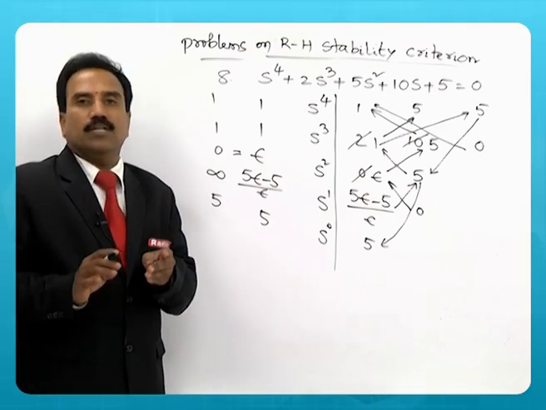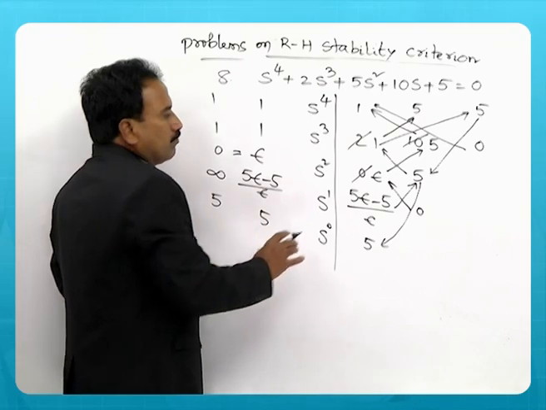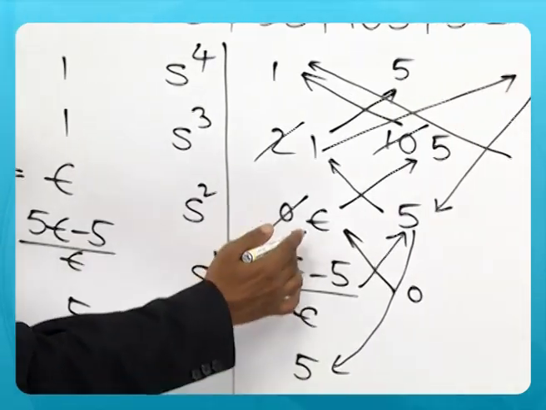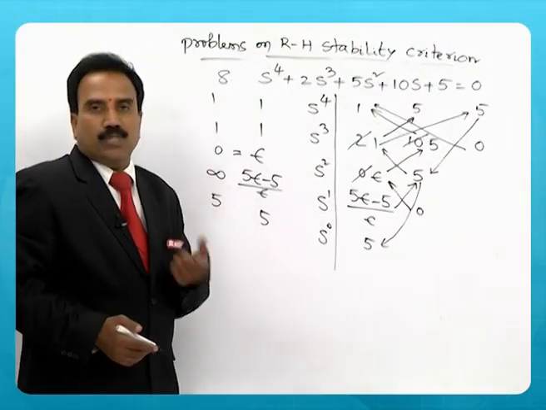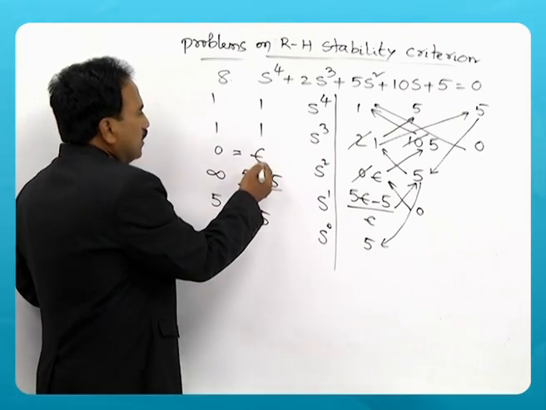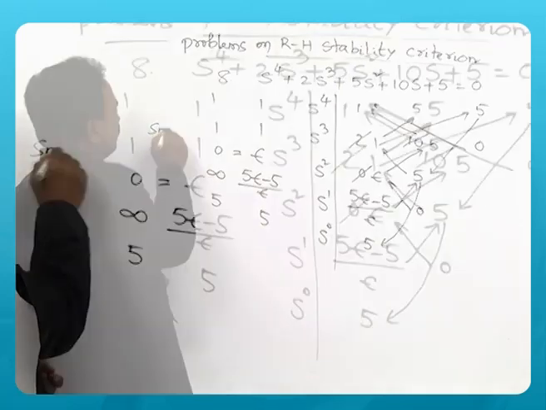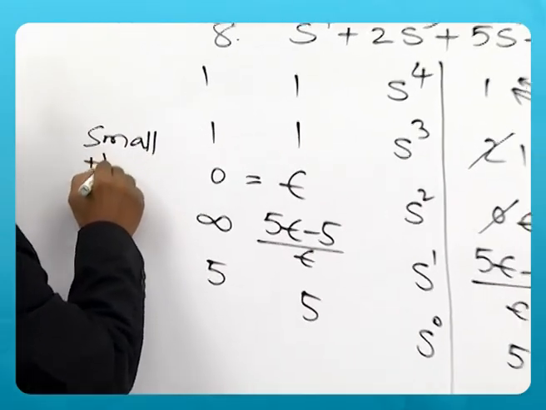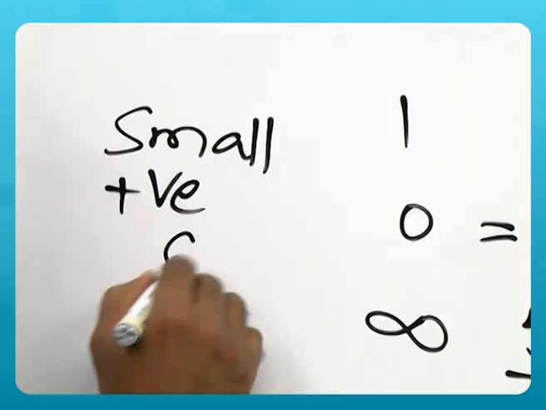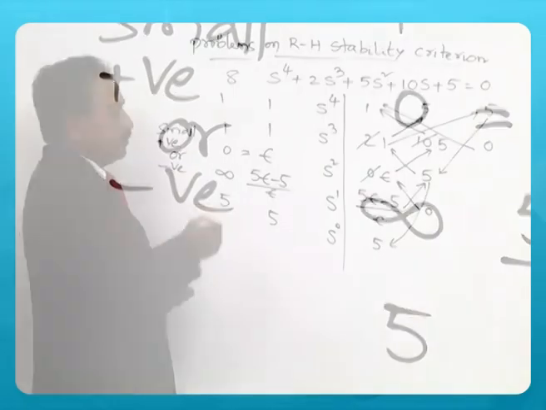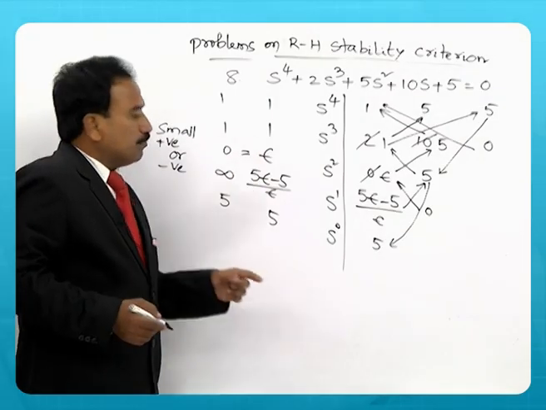So the system is stable, but to construct the table you have replaced 0 by epsilon. You can consider epsilon as a small positive or small negative value, and then complete the table.